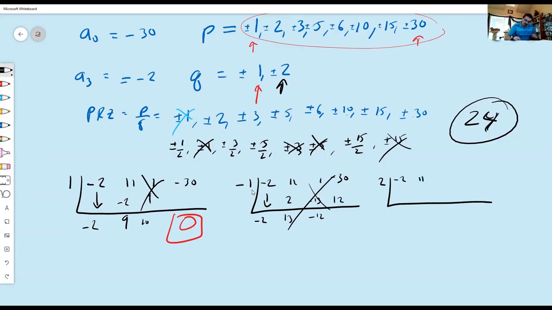And this is the beauty of synthetic division. It goes very, very quickly. I get minus 4, which is positive 7, which is a 14, which gives me a 15. Oh, so close. 30 plus 30 is 60. So close, so close. But no.